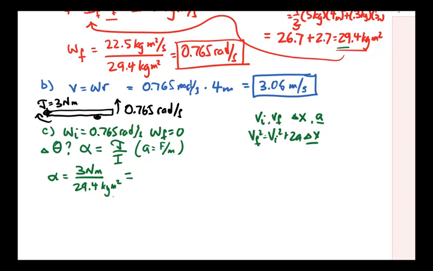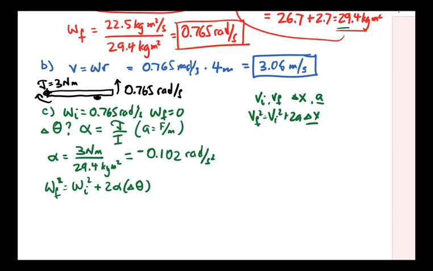I tend to carry them through the calculation, but you can see it just takes a little bit of time and doesn't add to your understanding. So if I divide those, I get an angular acceleration of 0.102 radians per second squared. I'm going to call my counterclockwise direction positive. The torque is opposing that, so our acceleration will be negative.